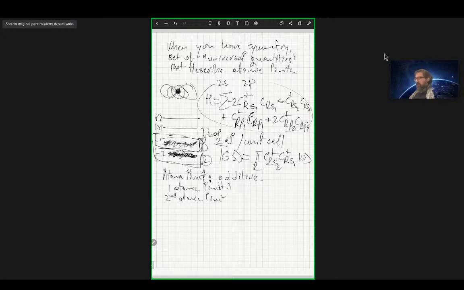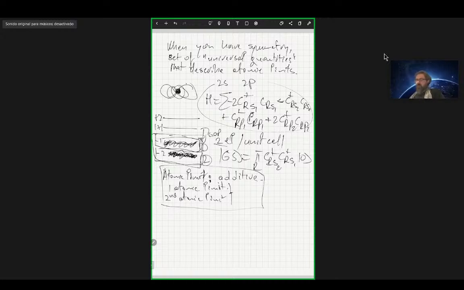Then the atomic limit of both shell 1 and shell 2 electrons should have the properties that I can infer just from the atomic limit of the first shell plus the atomic limit of the second shell. And so this is the first thing that I want to do.